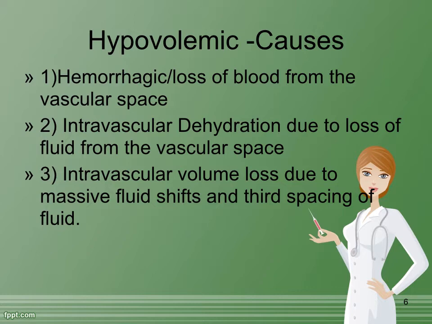With hypovolemic causes, it's immediately about volume, so there can be loss of blood, or loss of fluid, or just loss of volume. When there is hemorrhagic loss of blood from the vascular space, the reasons can be many.